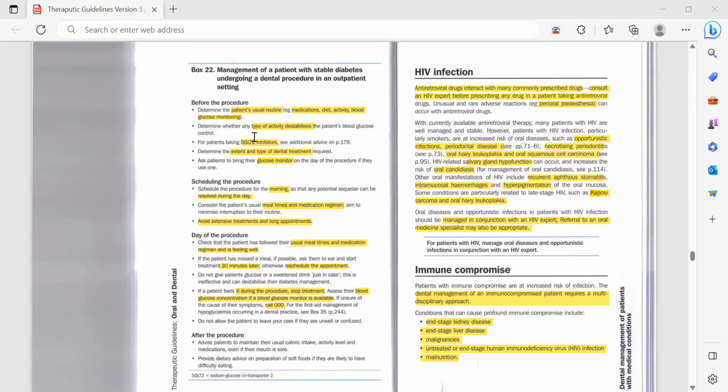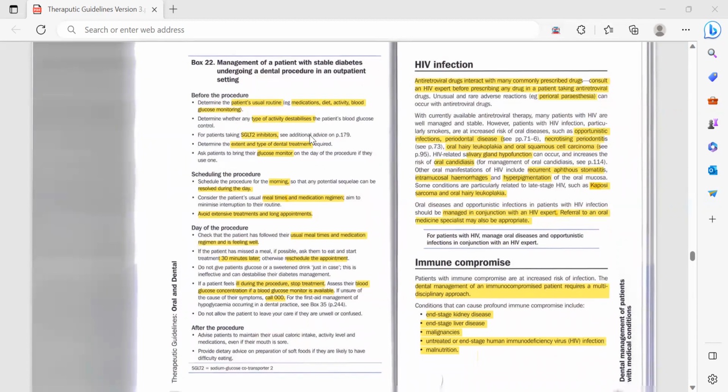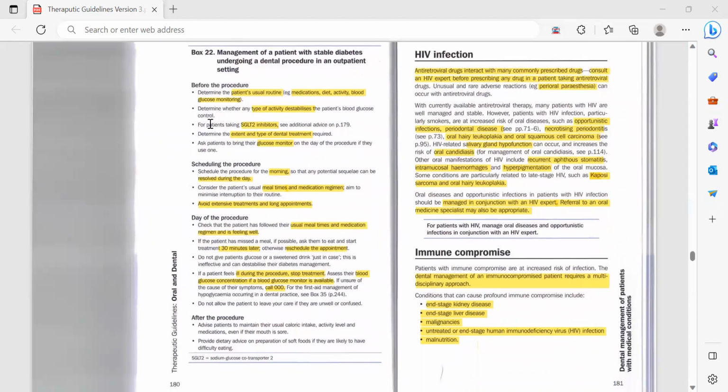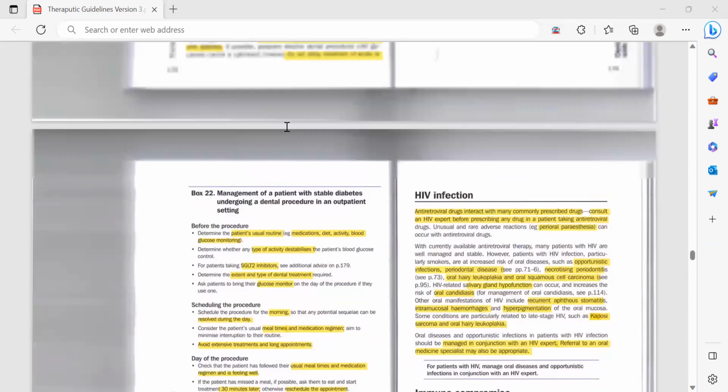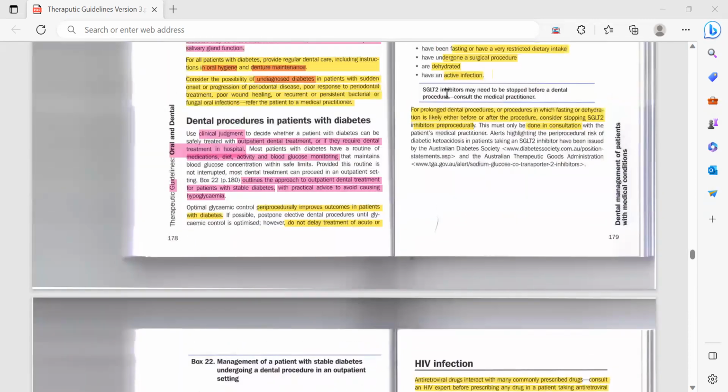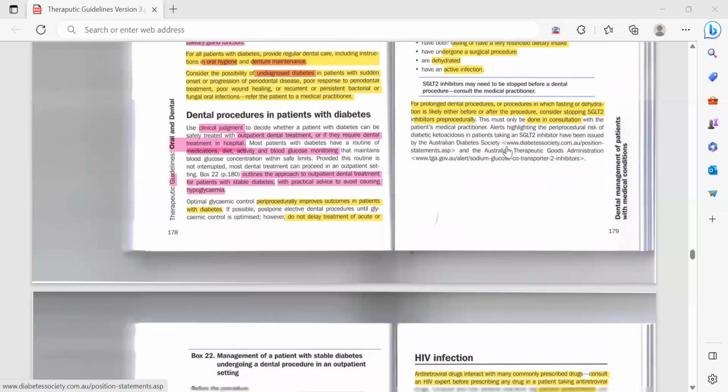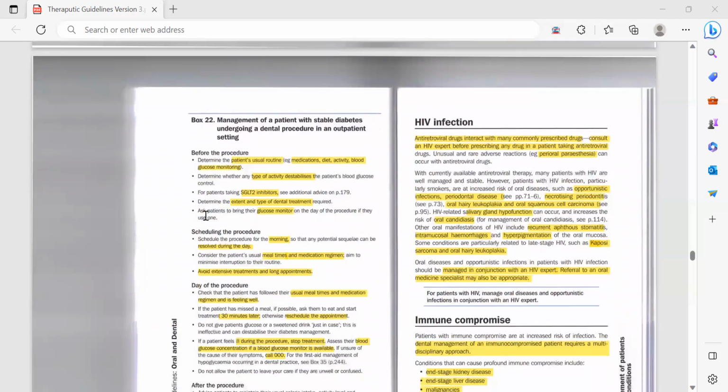Then you also need to determine whether any type of activity destabilizes the patient, like what can trigger changes in their glucose control. For patients taking SGLT2 inhibitors, there is certain management where we may need to consider stopping them, so you need to talk to their GP about that.